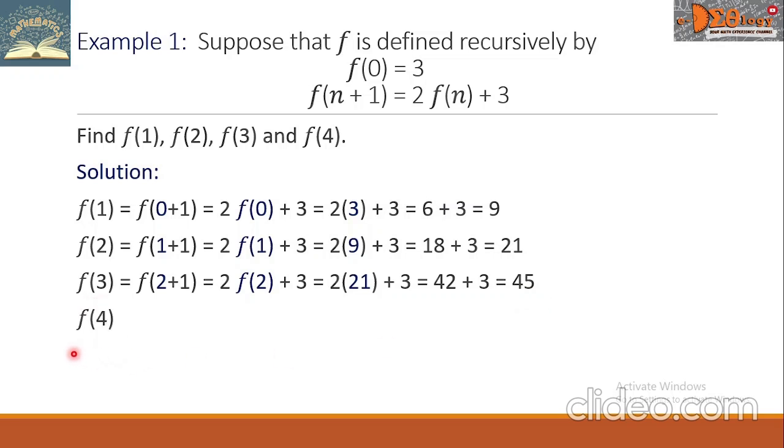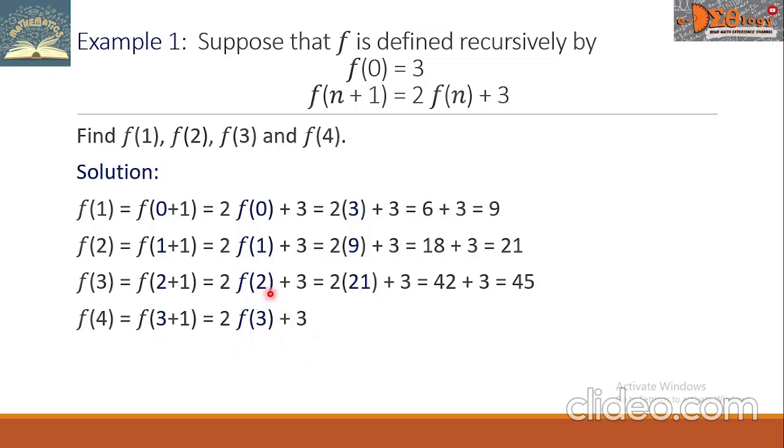Then we have f of 4. Considering again this f of n plus 1, we rewrite f of 4 as f of 3 plus 1, meaning the value of n is 3. Considering the right-hand value here, we write here 2 times f of 3, then plus 3.